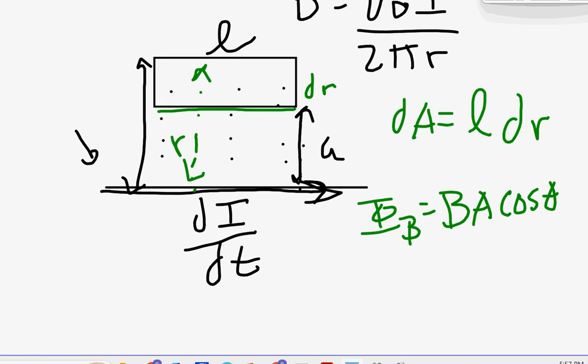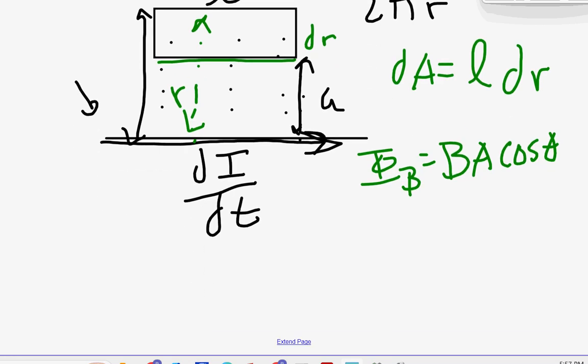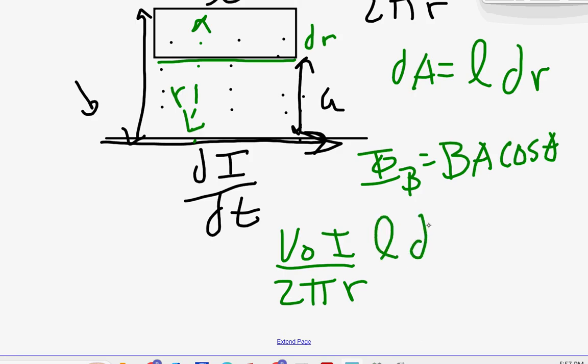So I'm going to plug letters into this equation. For B, we've got mu naught I over 2 pi r, and for area, we have L dr. This is actually a differential flux, because L dr is our area and mu naught I over 2 pi r is our function of the magnetic field caused by the wire.